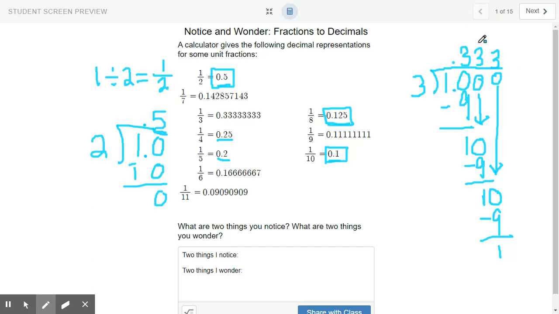And in this case, it's repeating, because what's happening? We're getting threes. 3, 3, 3, right? So if we wanted to write this like a mathematician would, we would write 1/3 as a decimal like this to be more precise.